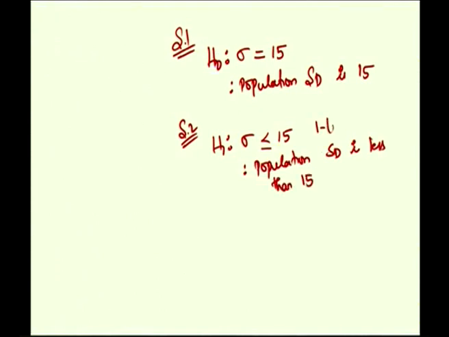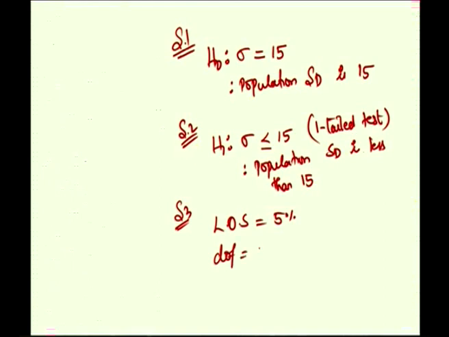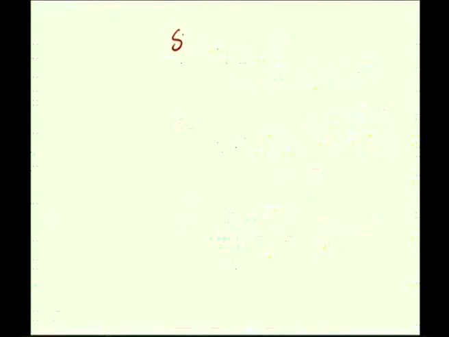So, it is a one-tailed alternative, therefore a one-tailed test. Step 3 is the level of significance, 5%, and the degrees of freedom is equal to k minus 1, k is here 6, minus 1 is equal to 5.